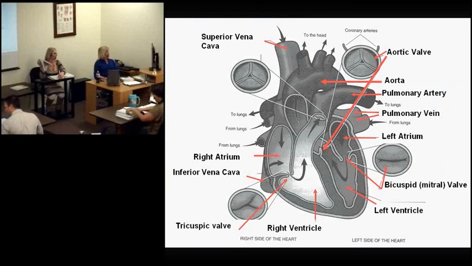Okay, so if I was to ask you specific questions about where blood is going, if it's going through this valve and if it's going through that valve, and where's the right atrium and where's the right ventricle, and I was to ask you if blood is going from the right atrium to the right ventricle, what valve is it going through?